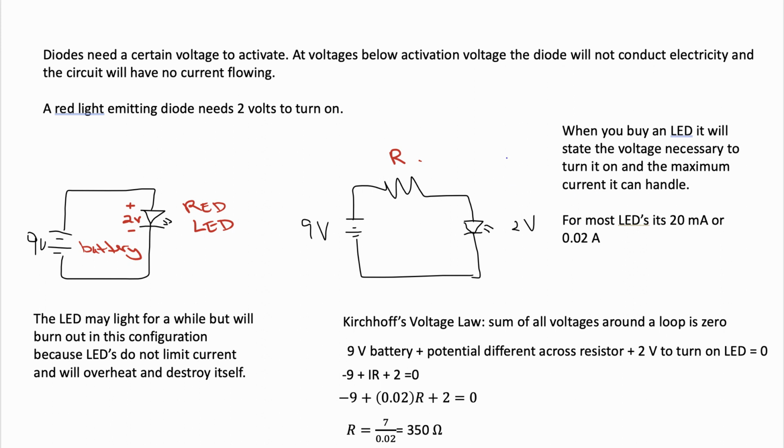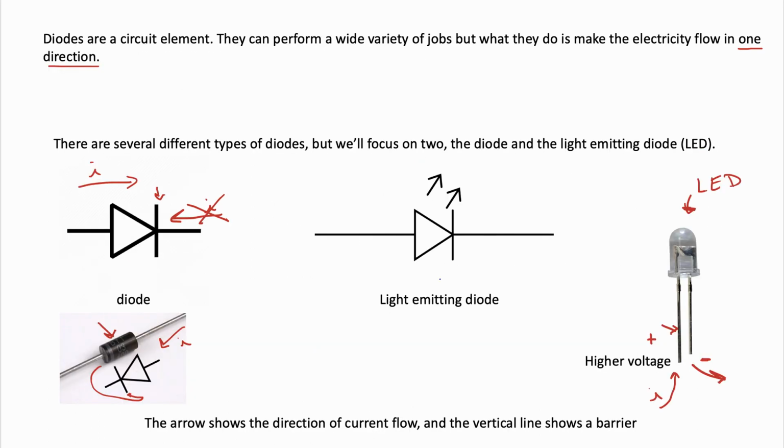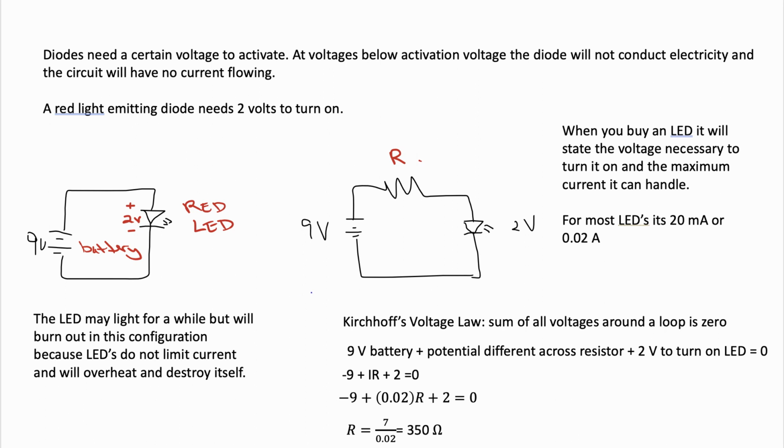And so most of these ones that I show on this previous page, these types of diodes, light emitting diodes I should say, it's around 0.02 amps or 20 milliamps is the maximum current that can go through it. Otherwise they'll just burn themselves up.